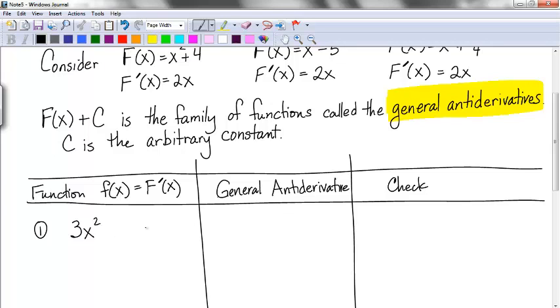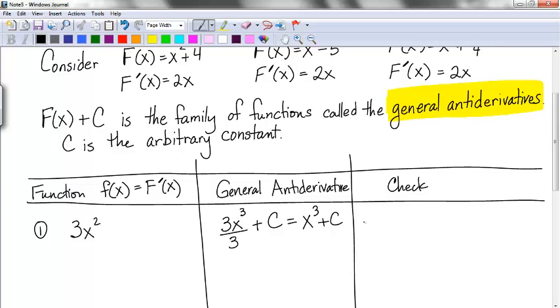Take the exponent they give you, add 1 to the exponent, divide by the new exponent. And then it's the general antiderivative. All of these are going to have a plus c. Okay? Then reduce it. So if we simplified, the 3's would divide out, and we'd have x cubed plus c.